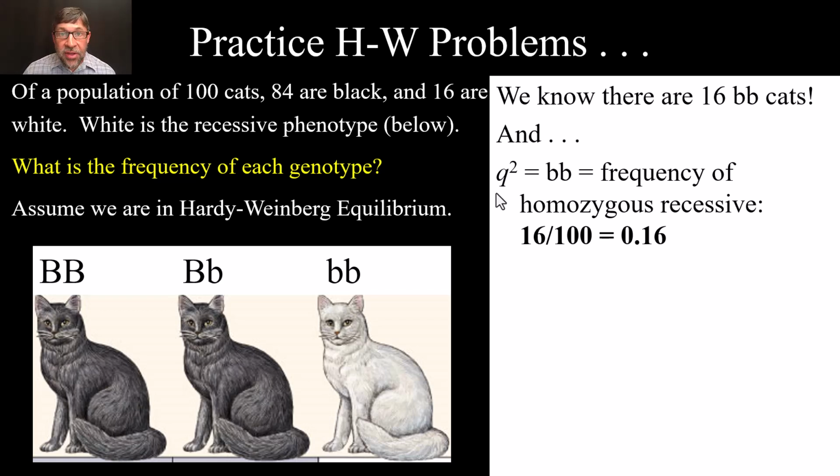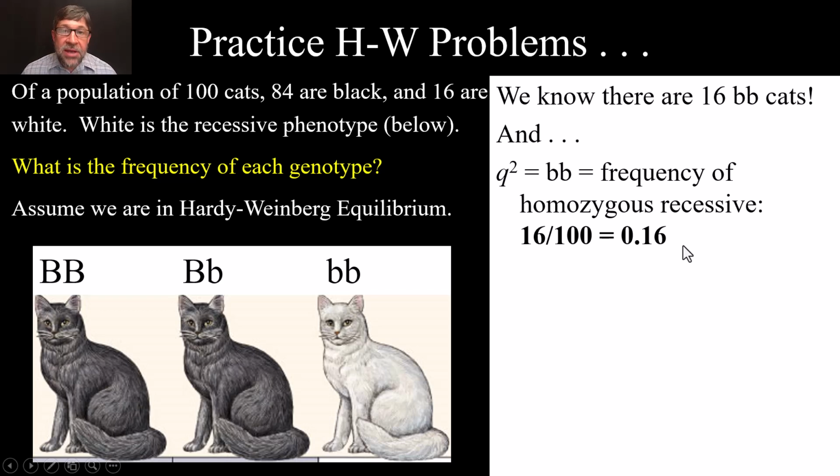So in order to find the frequency, which means it's going to be a decimal less than 1, I'm going to take the total number of individuals that express the recessive phenotype, and I'm going to divide by the total number in the population. 0.16 is Q squared. Okay.